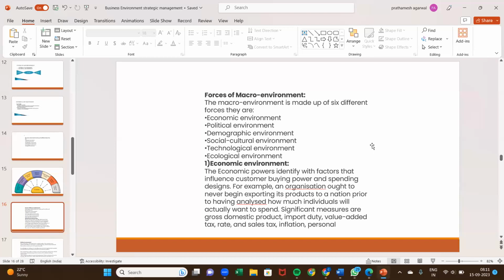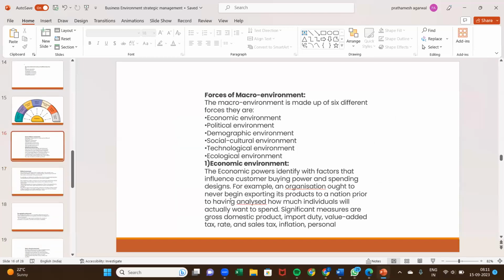Suppose an organization ought never to begin exporting its product to a nation before analyzing how much individuals will actually want to spend. For example, we have stopped exporting basmati rice to USA. The government does not take this decision all of a sudden. It will analyze how much individuals will actually want to spend.